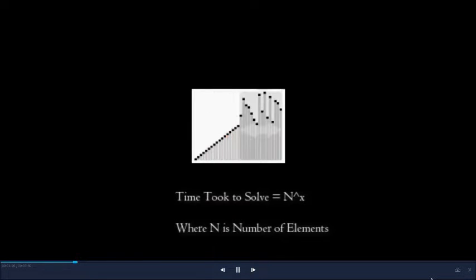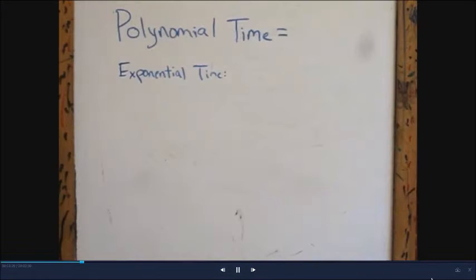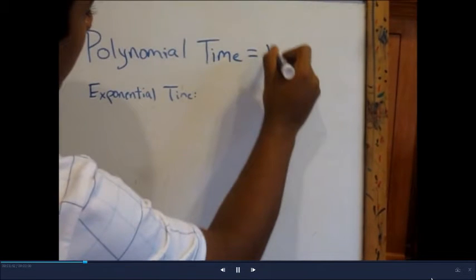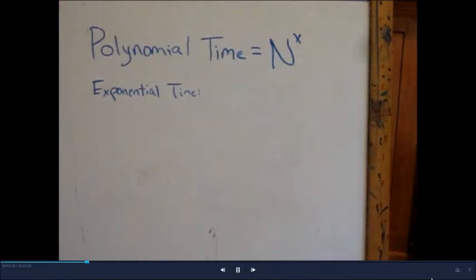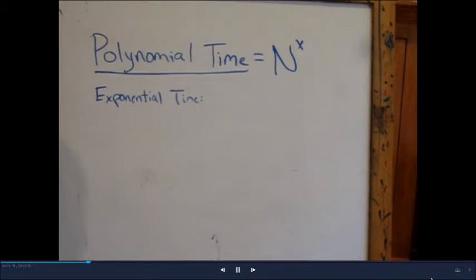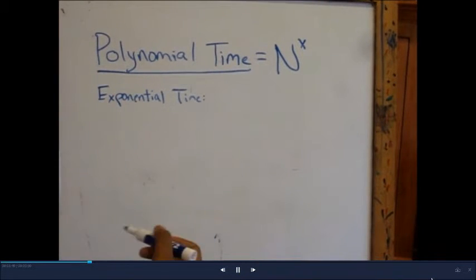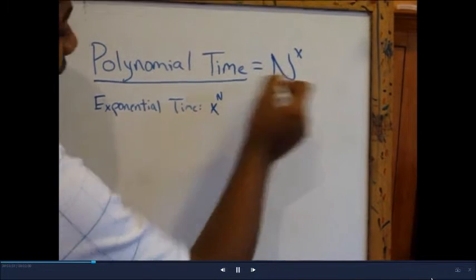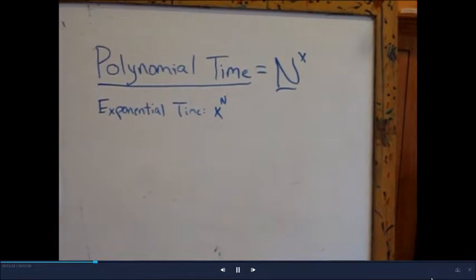The algorithm's execution time is thus directly proportional to the number of elements it's handling, which computer scientists designate n. Any problem that can be solved in n to the power of x time is called polynomial time. The inverse being any problem solved with exponential time, x to the n, where n is the number of variables in the problem.